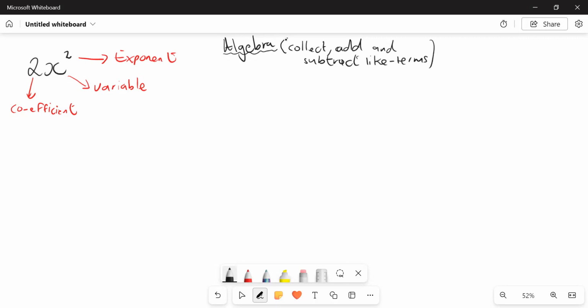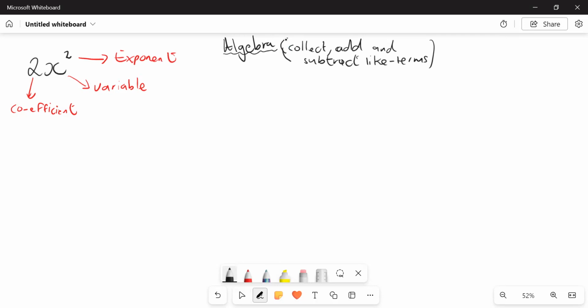But now, before we continue, I need to define like terms. Like terms are terms which are the same in terms of exponents as well as variables.